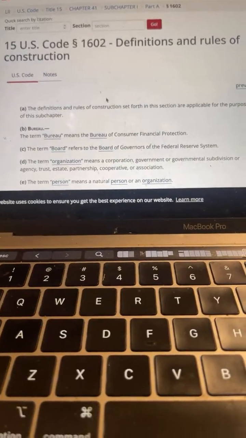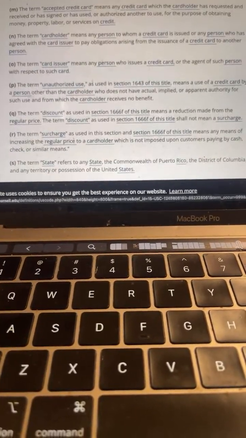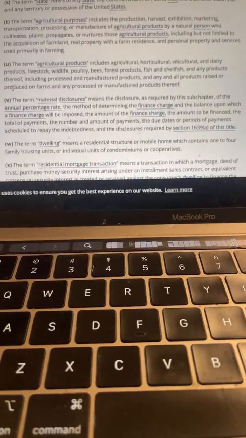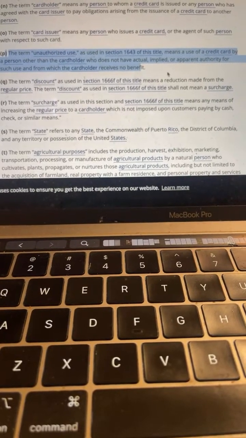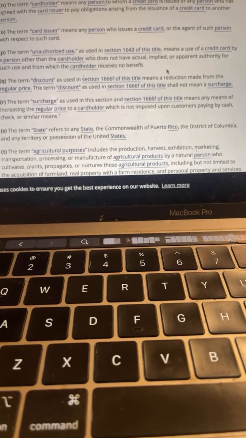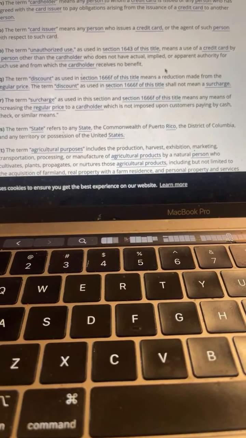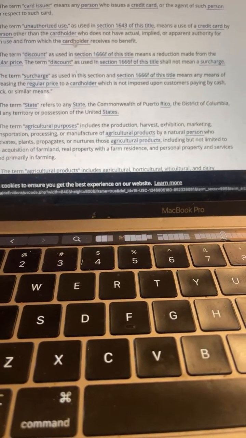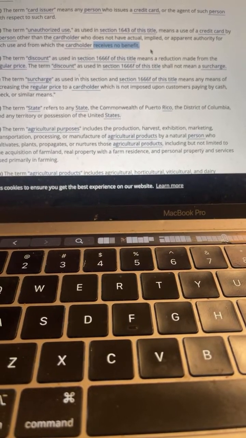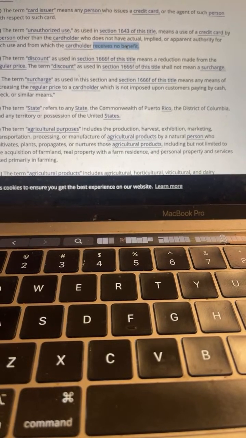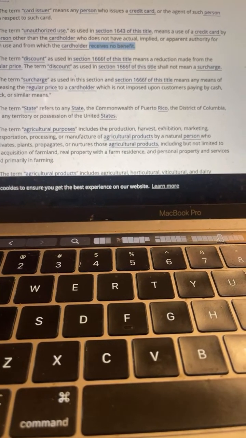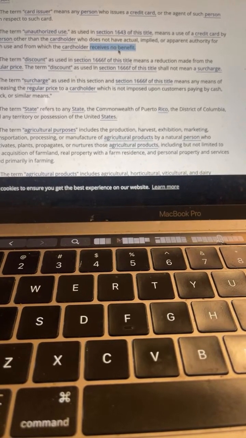All right, let's go ahead and continue with our topic. So if you've been denied credit, who here has been denied credit? I want you guys to come here to, let's see. Yeah, there it is. The term unauthorized use. This is for the denial of credit. This is for a charge-off. This is for a collection account. This is for any account that you, being the cardholder, receive no benefit from. If it's been charged off, what benefit do you receive from that account being charged off? If you've been denied credit, what benefit do you receive from being denied credit?